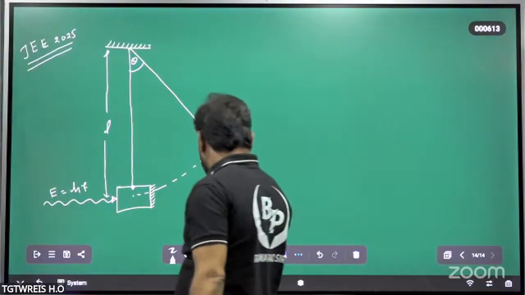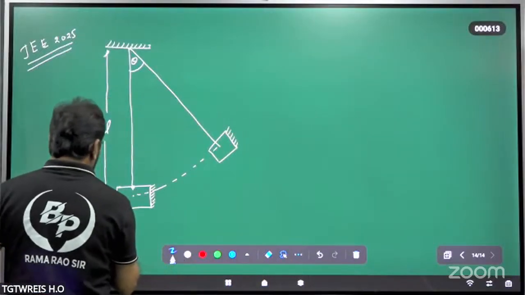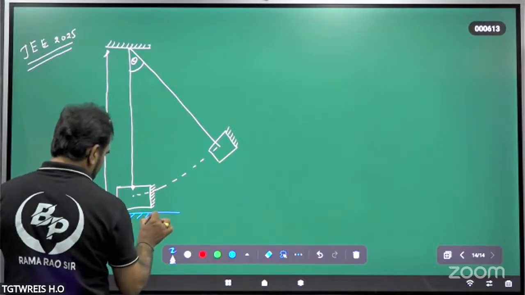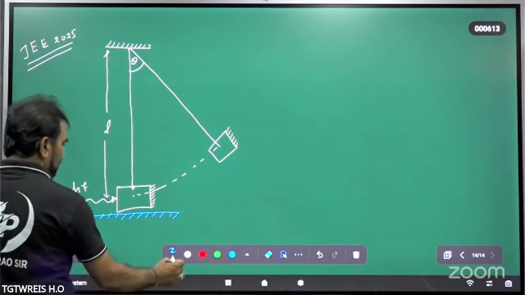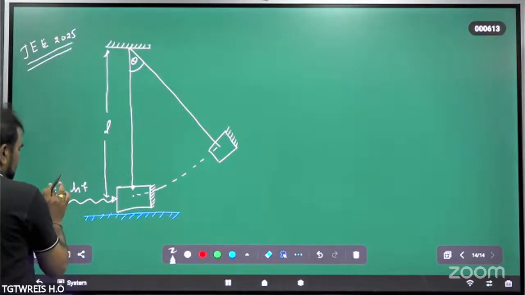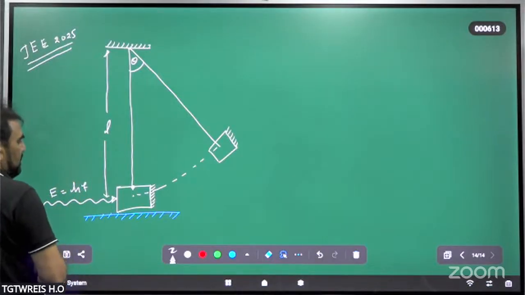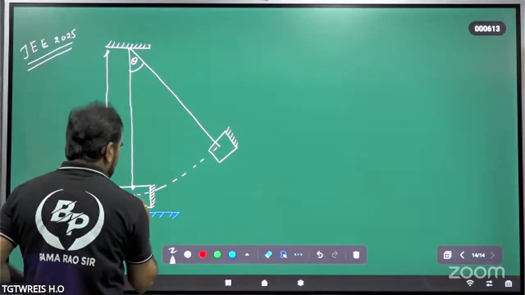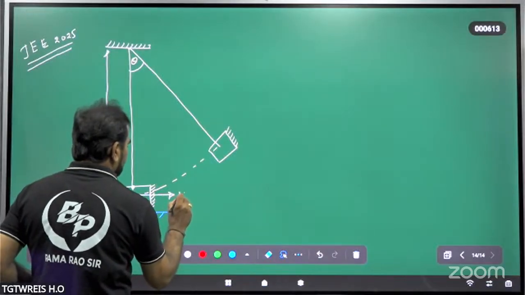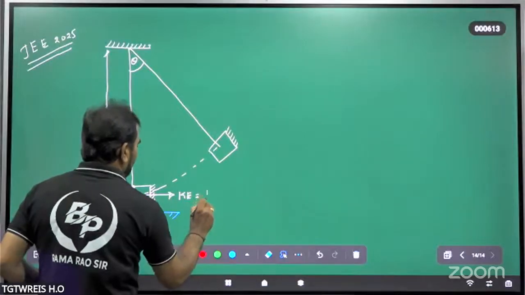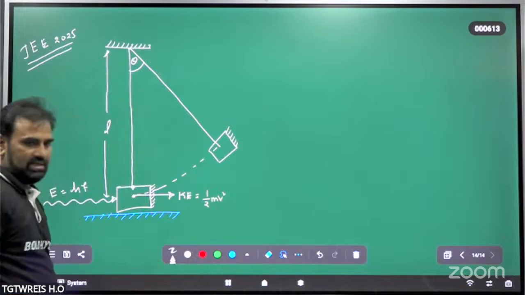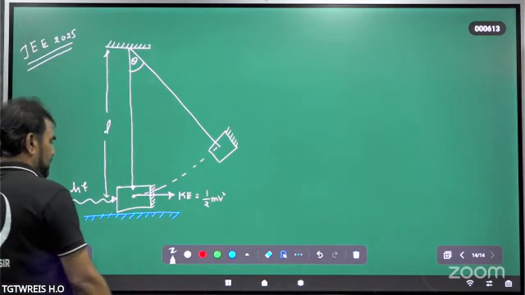The mirror is initially at this position. When this energy is incident on the mirror, initially it gets some kinetic energy, K equal to half mv squared.